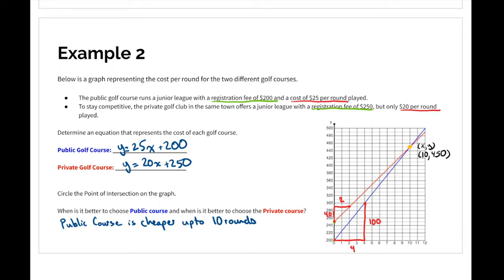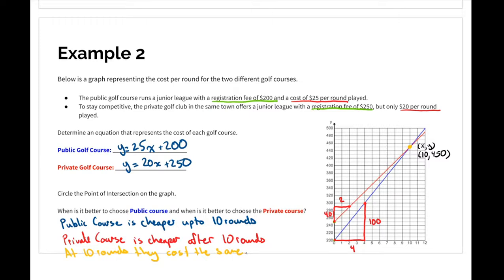The private golf course then is cheaper after 10 rounds, or more than 10 rounds. And then finally we can say at 10 rounds they cost the same.